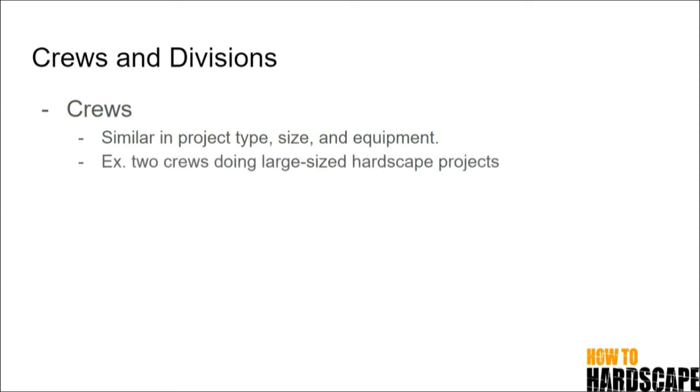For example, 2 crews doing large size hardscape jobs, we would identify those as 2 very similar crews. And why we identify them as crews is really crucial, because we're going to take the amount of overhead expenses that we have and we're going to divide it by 2, so that we're not covering our overhead expenses double.